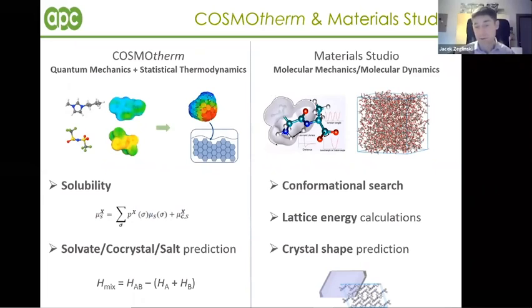And in the future, we'd like to do Rietveld refinement just to elucidate crystal structures using powder XRD data. So we are constantly developing those capabilities, trying to do more and more predictive modeling.